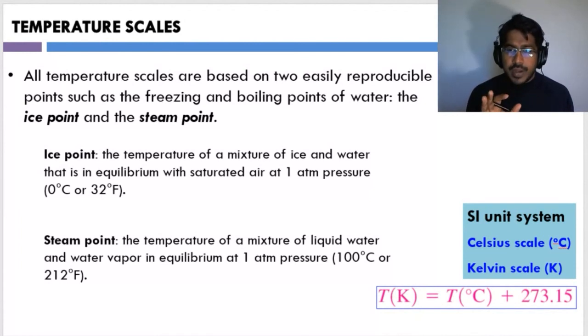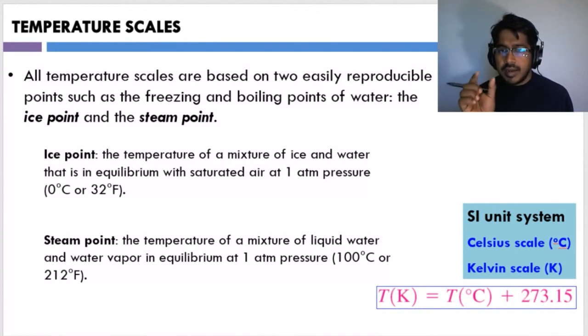So when defining the Celsius scale, we say that ice point is 0 Celsius and steam point is 100 Celsius. So we have 100 equal divisions, which we call Celsius. And when defining the Fahrenheit scale, we say that ice point is 32 Fahrenheit and steam point is 212 Fahrenheit.